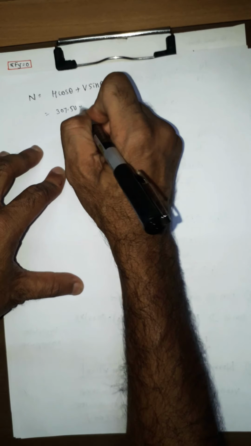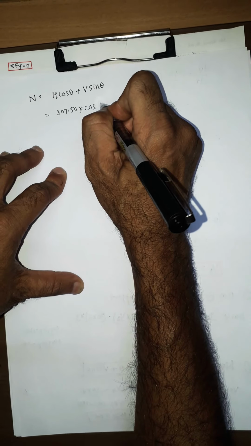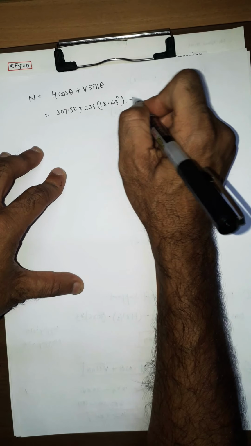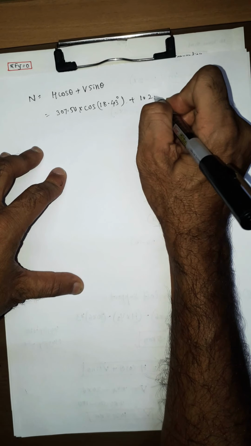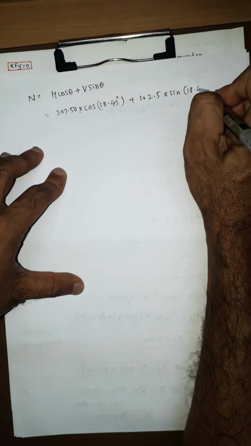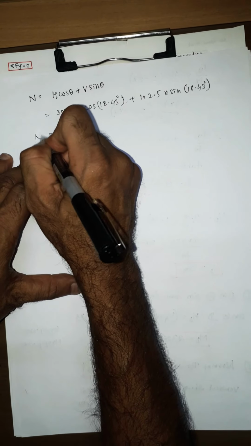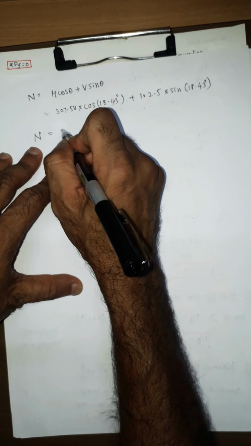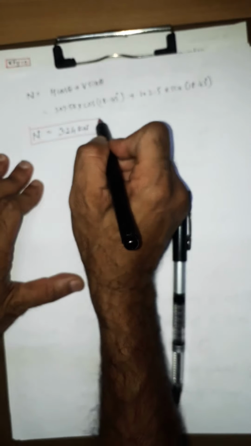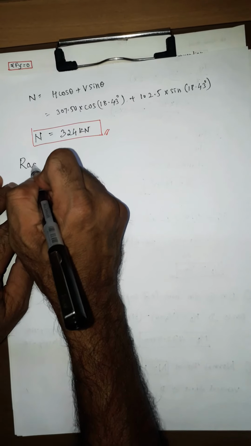So H is 307.50 into cos of theta, 18.43, plus V, 102.5 into sine 18.43. So this normal thrust comes out to be 324 kilonewton. It is a force. Normal thrust means it is a force which is perpendicular to the axis. This is 324 kilonewton.